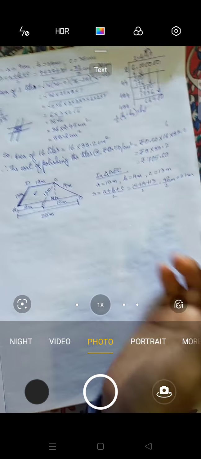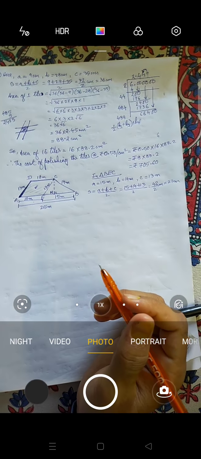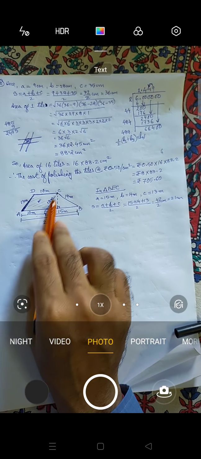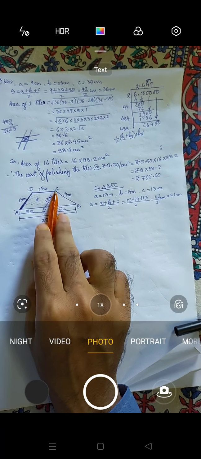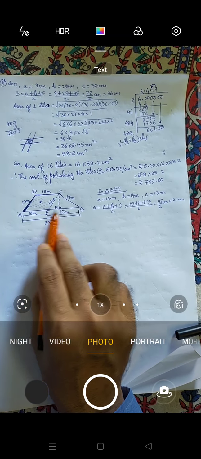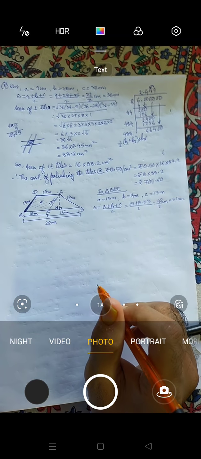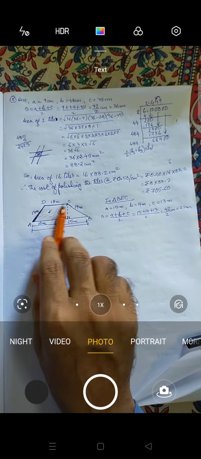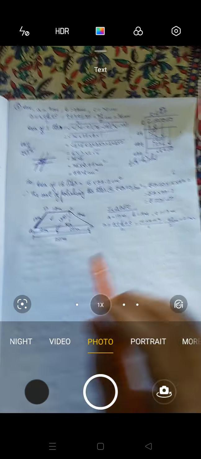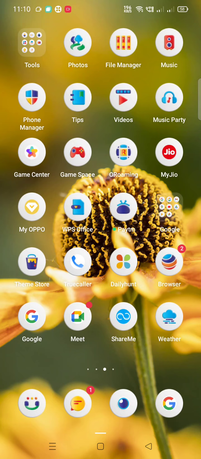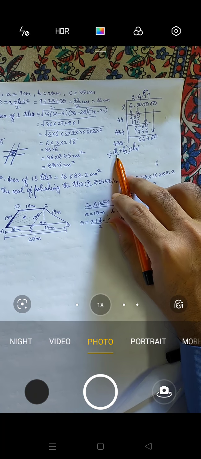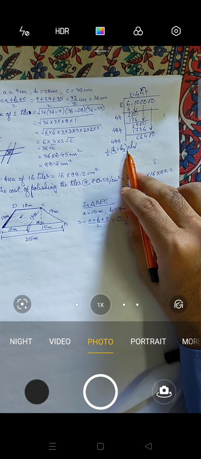Now try to understand this properly, okay. The area of this triangle can be calculated by using Heron's formula. But we need to find the area of the trapezium. Area of the trapezium is half into (B1 plus B2), where B1 and B2 are the parallel sides.